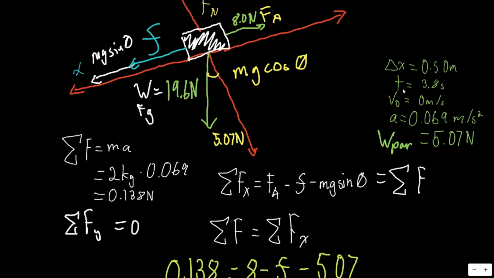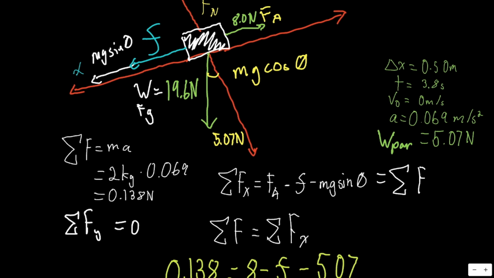We isolated the x-axis first to determine what should be included. So the x-axis contains our applied force of 8.0 newtons, our frictional force, and the force that we got a while ago, the component of weight parallel to the ramp, which was 5.07 newtons.